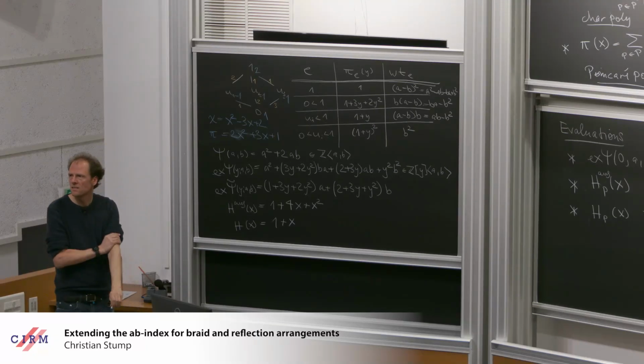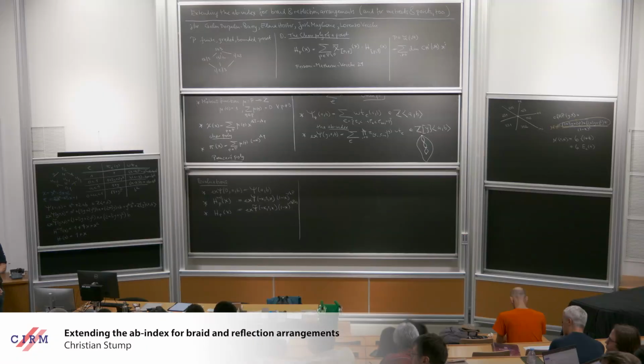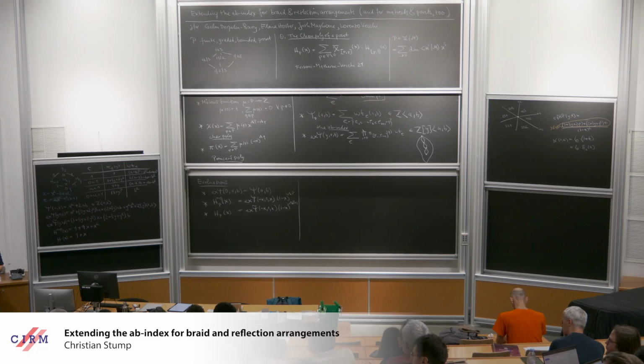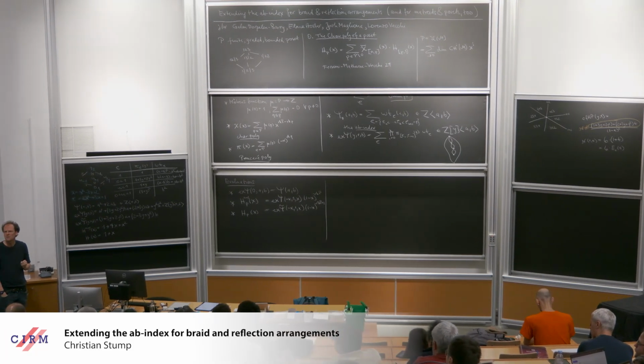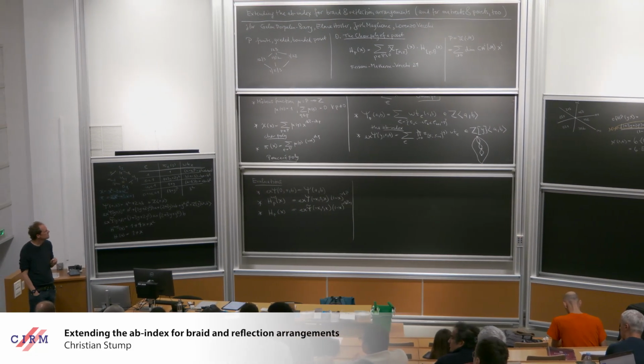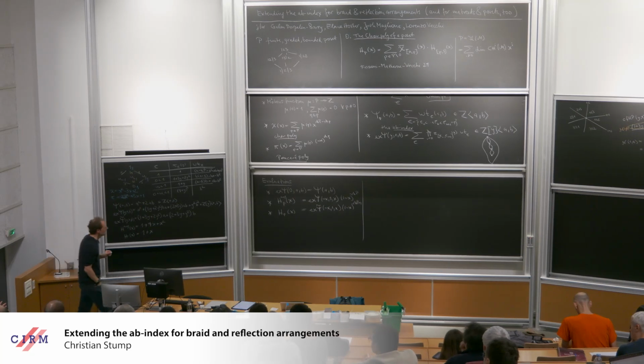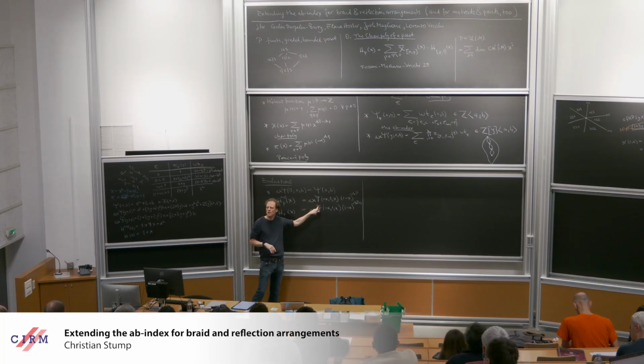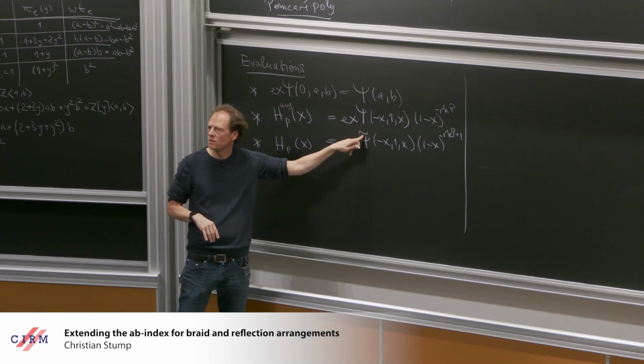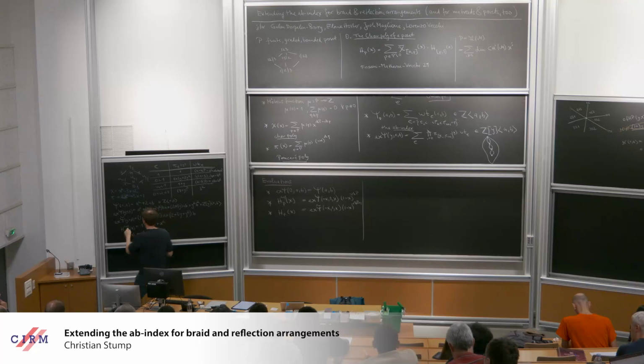Yes? I'm sorry, you probably said this in words, but can you give the write-up? So for this reduced extended AB index, you're replacing pi with like some pi reduced or something? You mean for this object here? Yeah, no, this is how I delete the first letter from every AB monomial. So here is the example. This is the object itself.